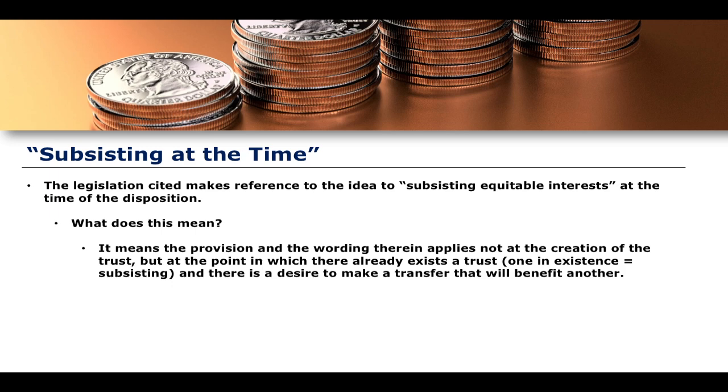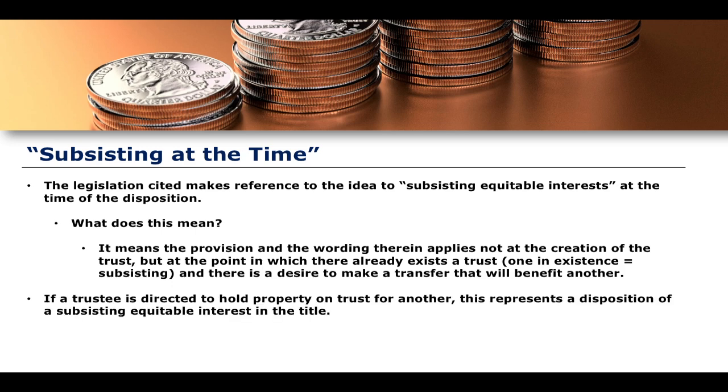So when we say subsisting at the time, we're talking about a trust that already exists at the time of the disposition. And there is a desire at that point to make a transfer that will benefit another. If a trustee is directed to hold property on trust for another, this represents a disposition of a subsisting equitable interest in that title, because the subsisting equitable interest is obviously the existing equitable interest in the title in question.